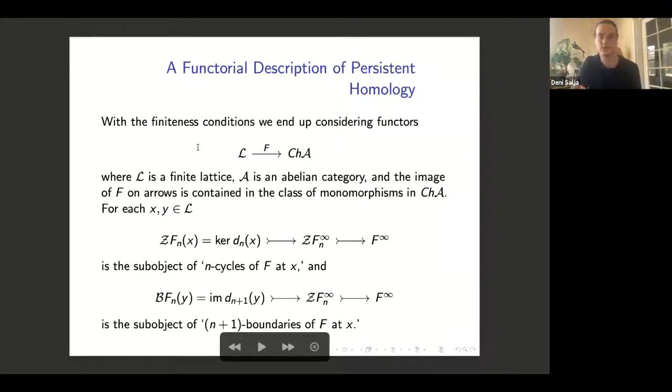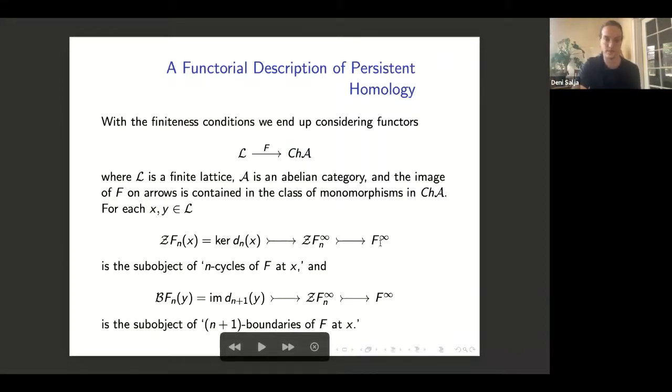With the finiteness conditions, you're really looking at functors from a finite lattice L into chain complexes of an abelian category, and the image of all the arrows in L are monomorphisms. So for each point in your lattice, you get a chain complex.